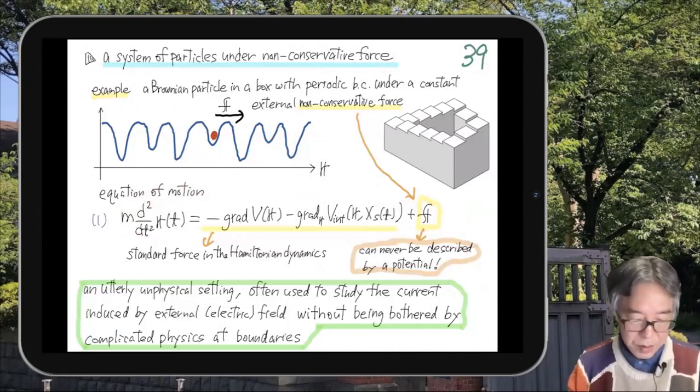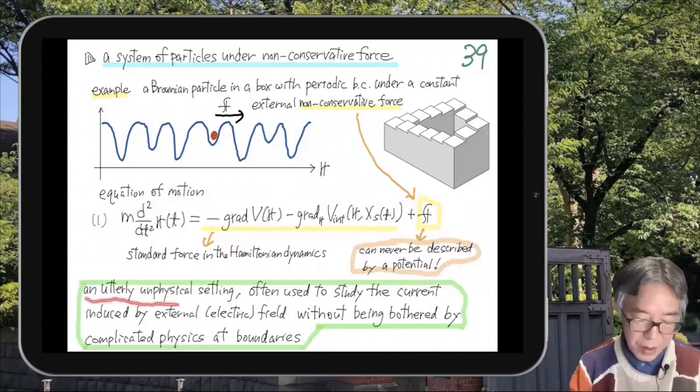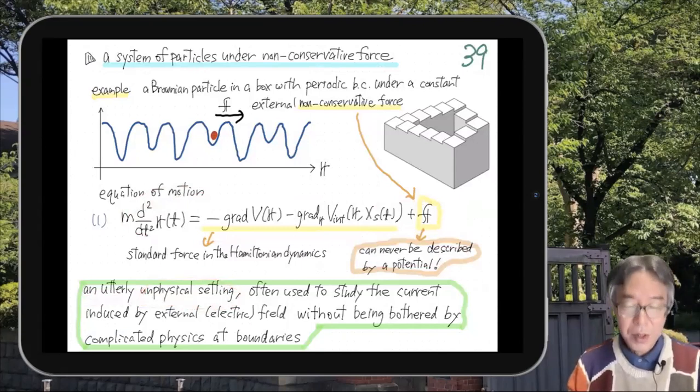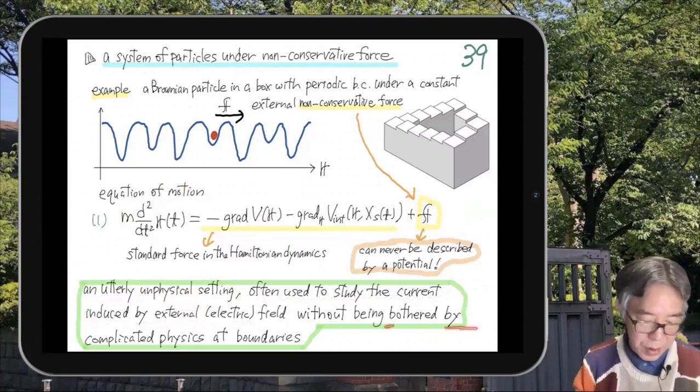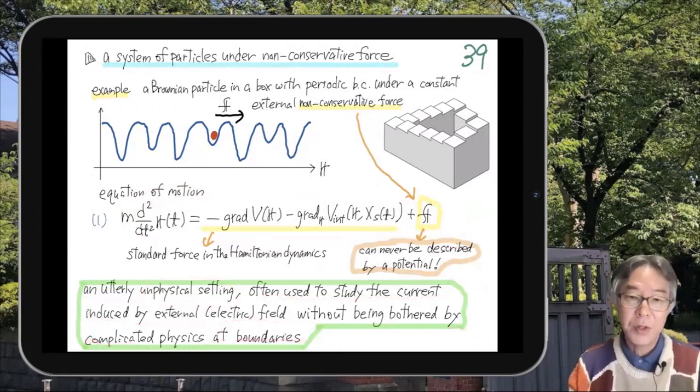Okay, and I emphasize that this is a very unphysical setting, but still, for the reason I explained, this is often used to study the current induced by an external electric field. Because by doing this, you don't have to be bothered by the complicated physics that emerge at boundaries.